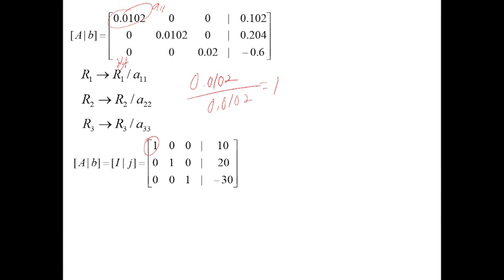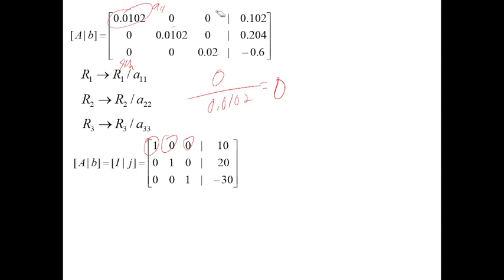R1 second is 0, so 0 over A11 is 0. R1 third element is 0 also.